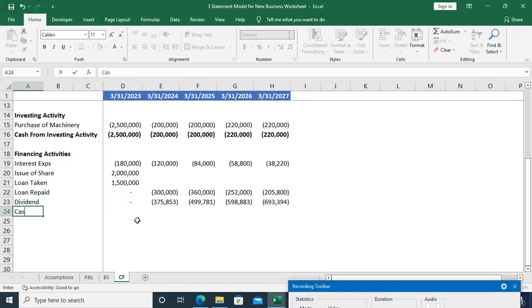Cash from financing activities. How much cash from financing activities has taken place is a sum of financing activities, all those things.